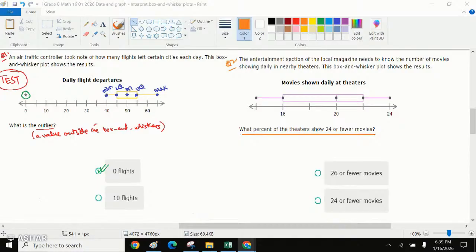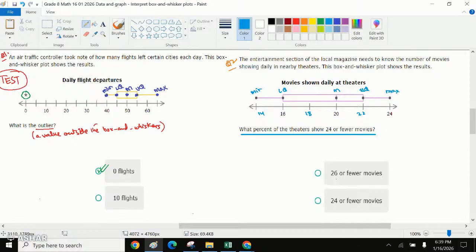It's about movies. The minimum number of movies shown in a day was 14. The lower quartile was 16. The median was 20. This is the upper quartile, and this was the maximum, right?